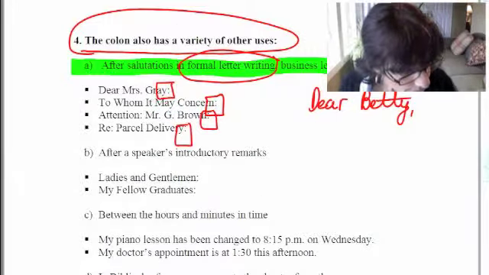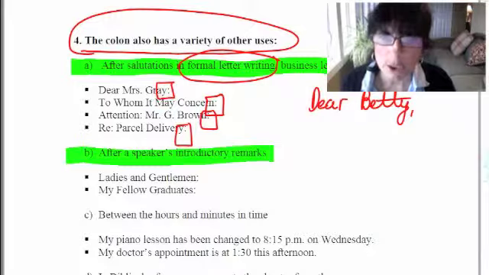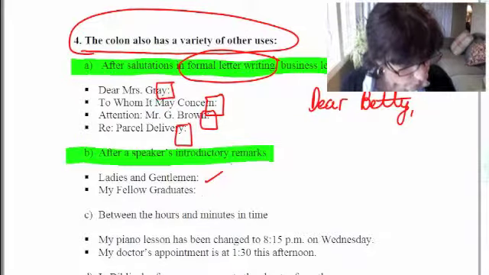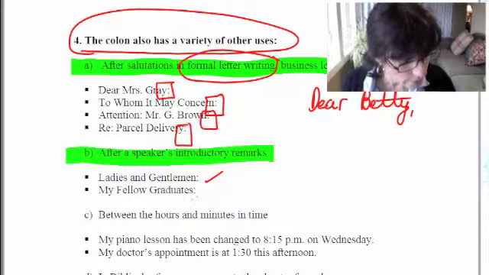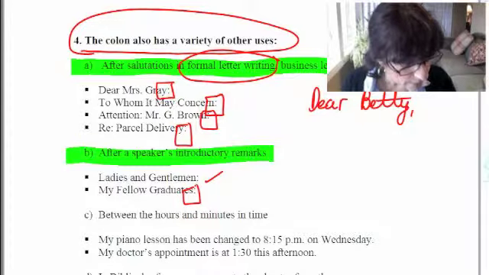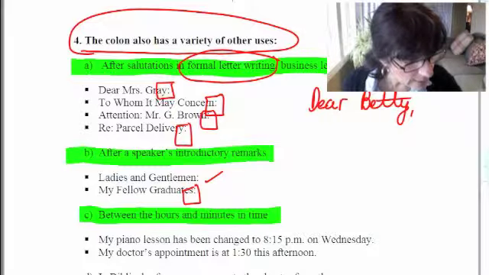The next rule is after a speaker's introductory remarks. So an example, if you were saying ladies and gentlemen and you were addressing them, you'd put the colon. Or in this one, my fellow graduates, like a speech, and it's an introductory remark, you'd put the colon. Another use of colons is between the hours and the minutes in time.